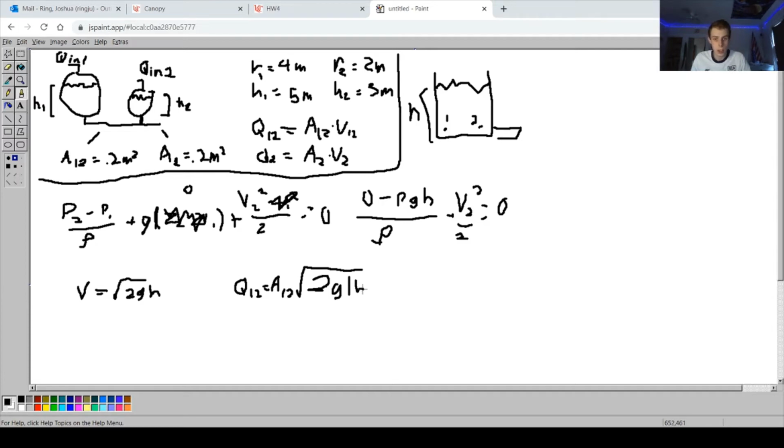So we'll have H1 minus H2, and this is going into absolute values because we cannot have a negative under the radical. That will just cause many different problems.